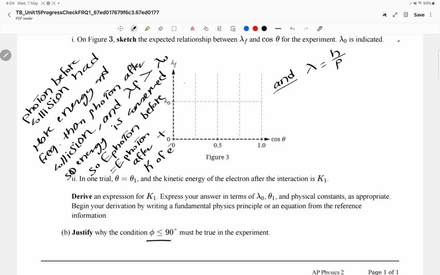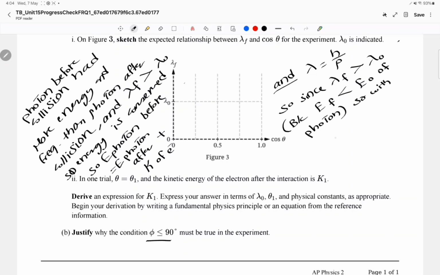Lambda is the de Broglie wavelength and p is the momentum. Okay? So since lambda f is more than lambda O, how would I know that? Because when the energy decreases, the wavelength increases, because energy final is less than energy original of the photon.